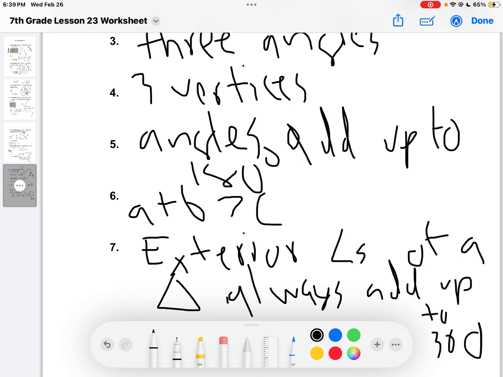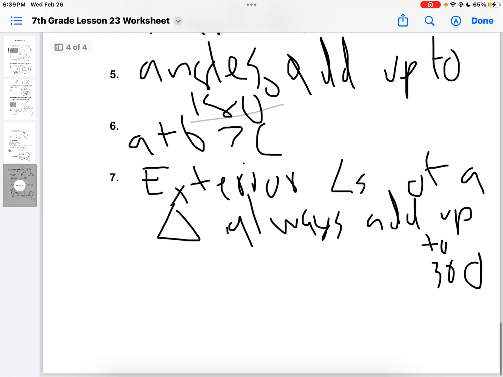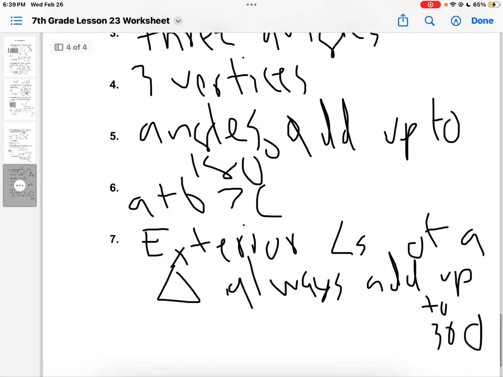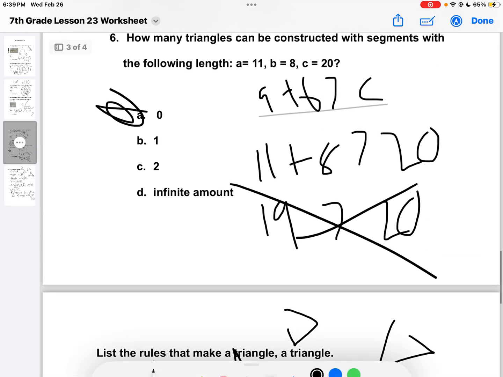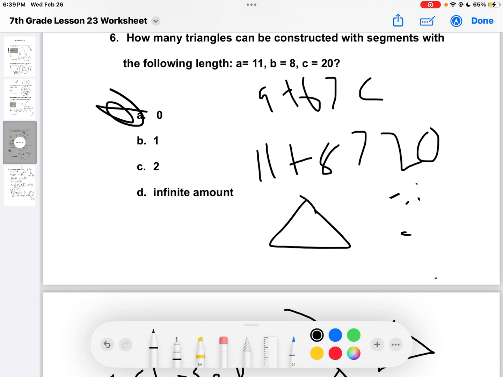So what does that mean? Let's say a triangle goes like this, and this is 60, 30, 90.